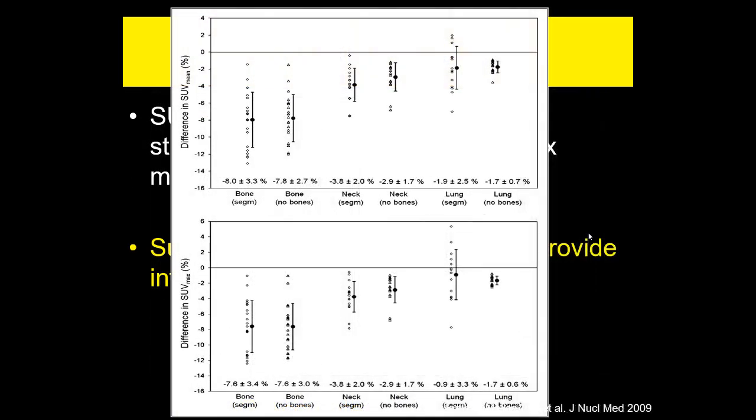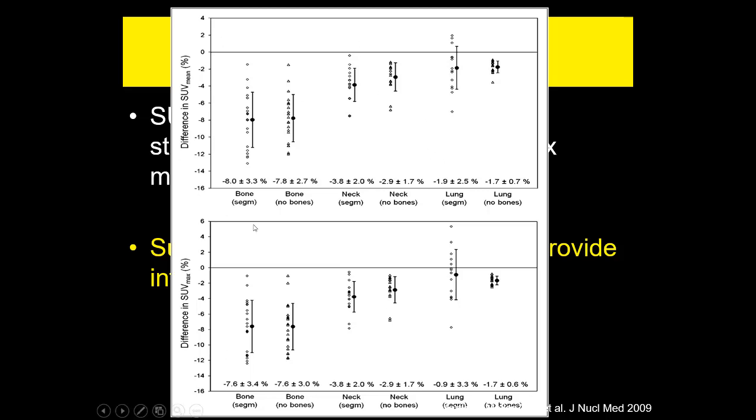And there are a number of papers, and I've just shown you one of the papers, showing that for the mean SUV and the max SUV values between PET-CT and PET-MR, the difference is quite small for most organs. Again, 0 would mean identical information. And what you see here is that PET-MR slightly underestimates SUV mean and SUV max in most tissues except for bone.